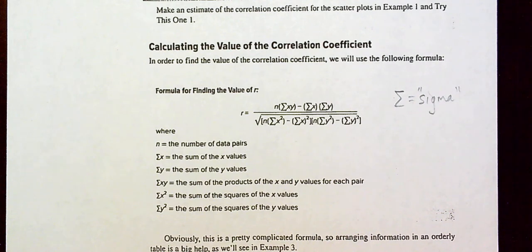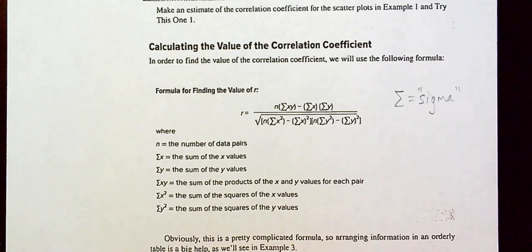Well, based on how close your r value is to +1 or to -1, that can actually tell us how certain we can be that there truly is a linear relationship of some sort between the two quantities x and y.